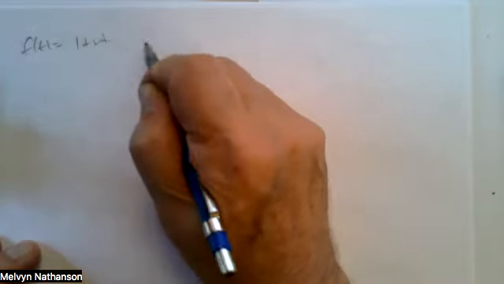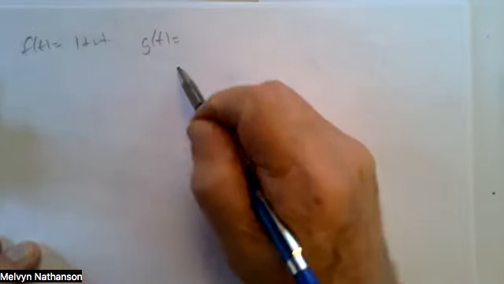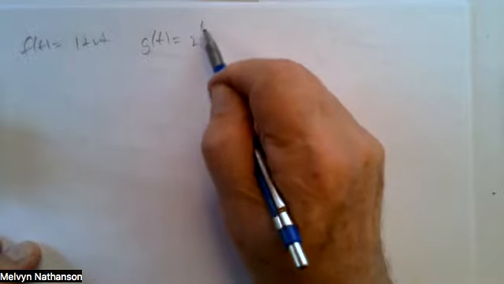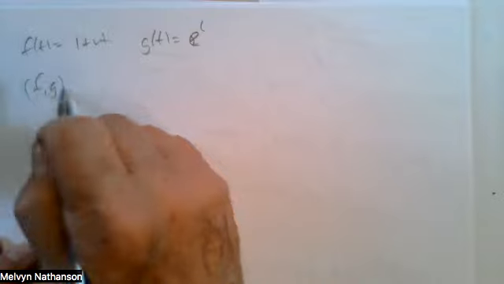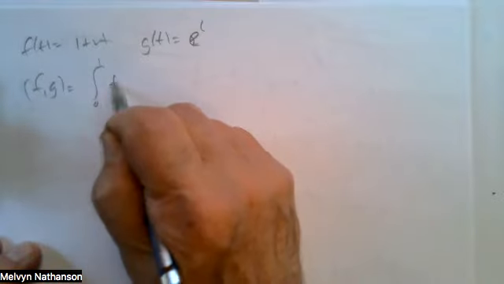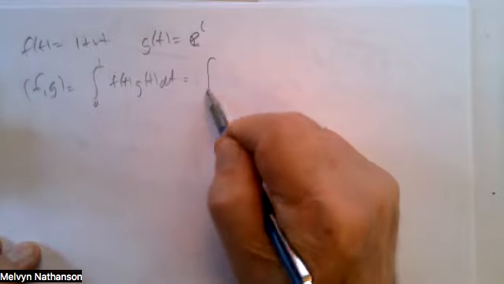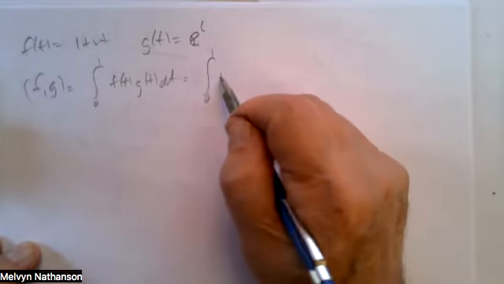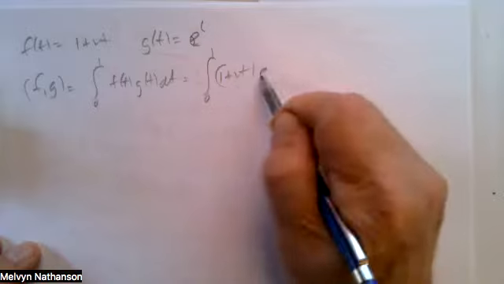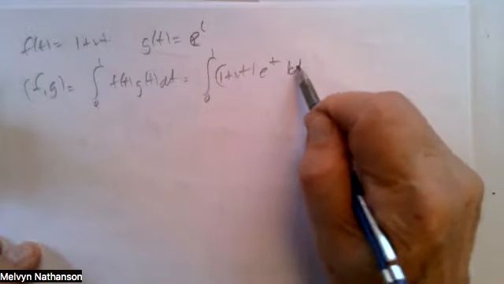When we're given f of t is 1 plus 2t, g of t is e to the t, the inner product of f and g is the integral from 0 to 1. This is the definition, f of t, g of t, dt. This is the integral from 0 to 1 of 1 plus 2t, e to the t, dt.